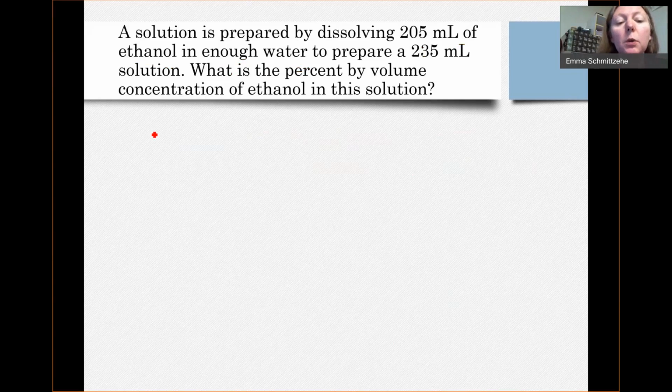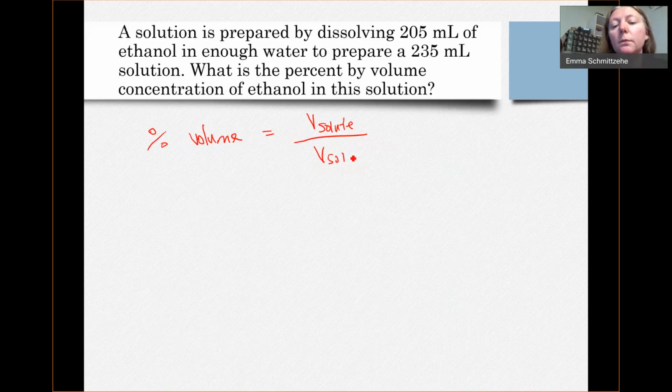So this time we want the percent volume, and that's going to be the volume of the solute over the volume of the solution times 100 to make it into a percent. I guess I didn't say this before, but whenever you do a percent by mass or a percent by volume, it actually doesn't matter what unit the mass is in or what unit the volume is in, as long as the top and bottom number are in the same unit.